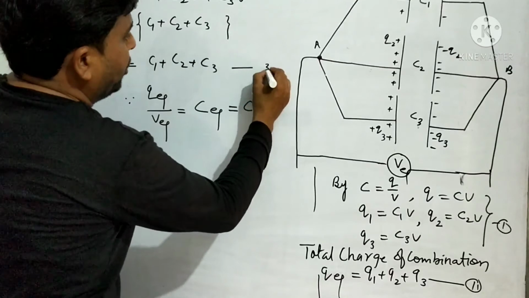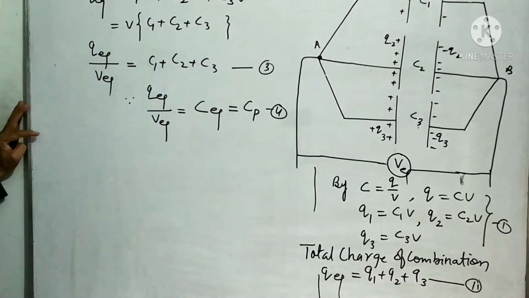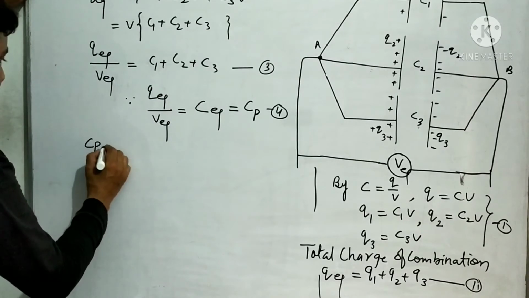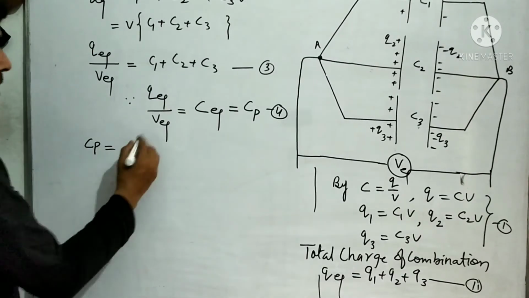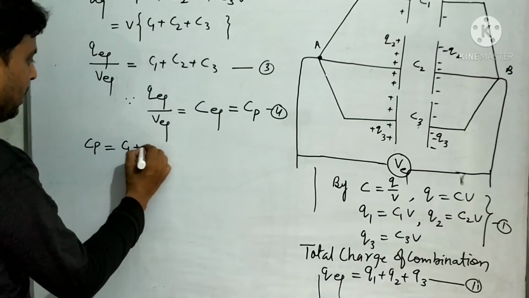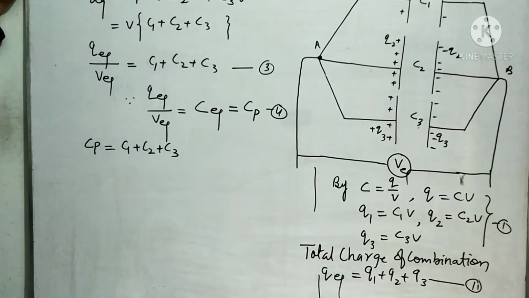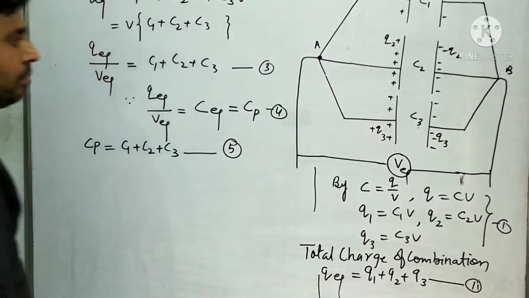Equation number 3, equation number 4. Compare the third and fourth. Then CP, the net capacitance of the parallel combination, equals C1 plus C2 plus C3. No problem. This is the net capacitance, equation number 5.